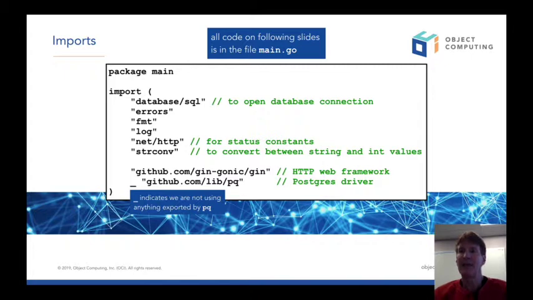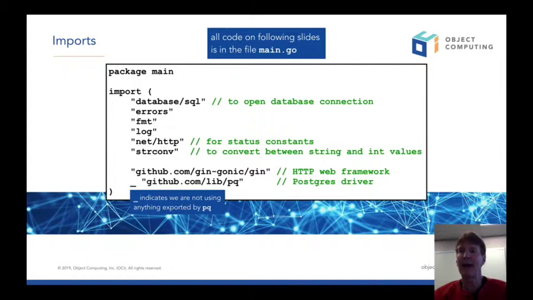The net/http package is used to get HTTP status constants for OK, bad request, forbidden, and internal server error. The strconv package is used to convert between string and int values. The gin package is used to handle HTTP request routing, so each kind of supported request can be handled by a different Go function.